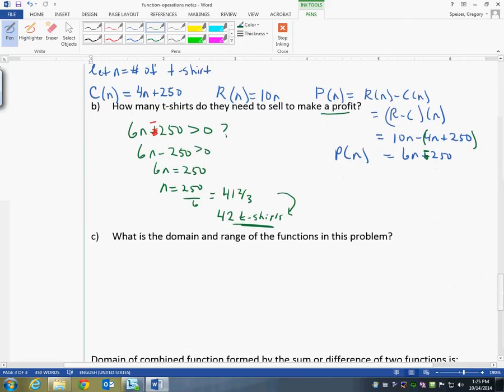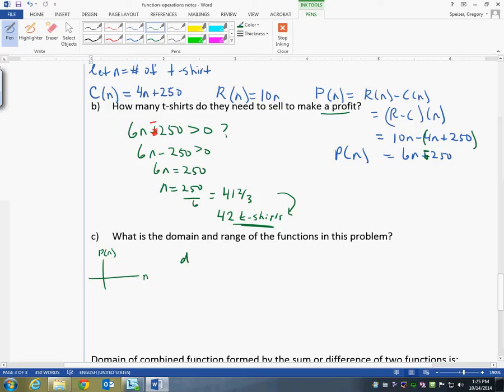In other words, if I was to graph any of these functions, instead of x, well, we're using n, which is the number of t-shirts, right? And this is either cost or profit was our last one, p of n, right? So the domain is what can all the n values be.